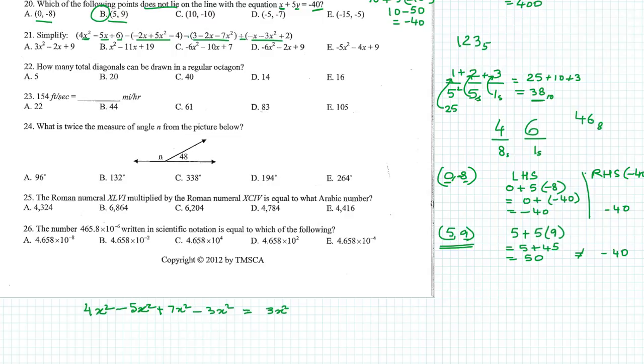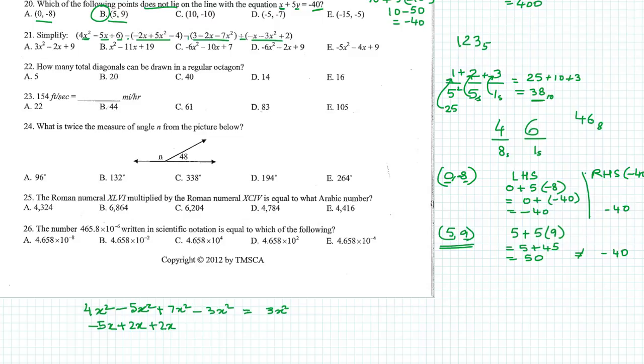Now take a look at the x terms. In the first parenthesis we have the term minus 5x, and then in the second parenthesis we have minus of minus 2x, so that will become plus 2x. And then in the third parenthesis we have minus of minus 2x, so that will again become plus 2x.